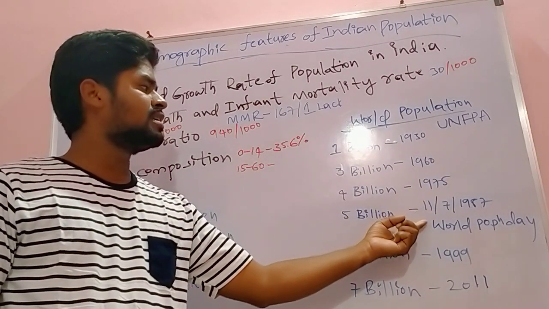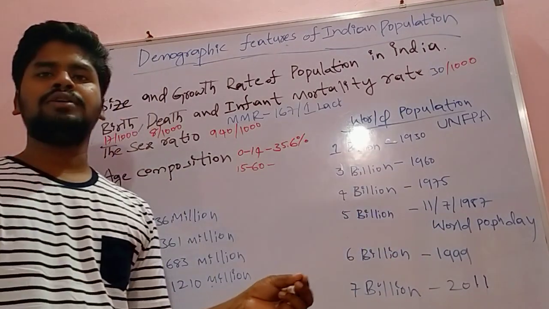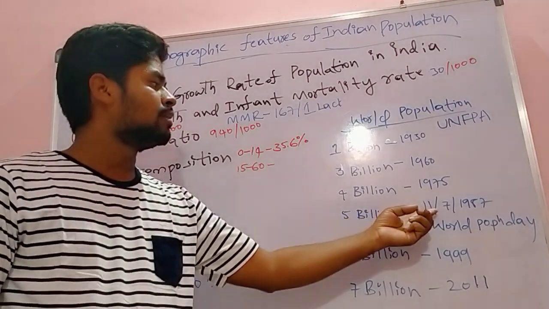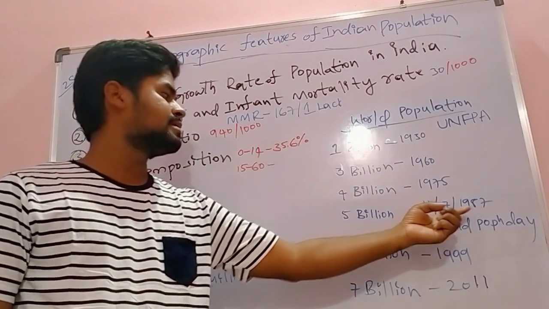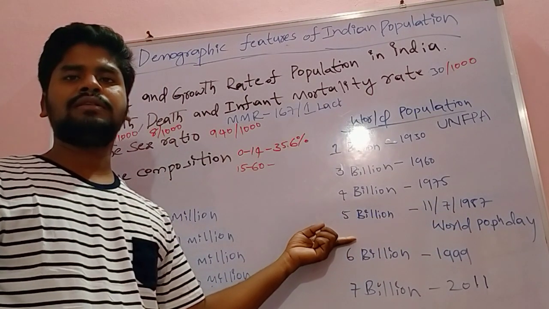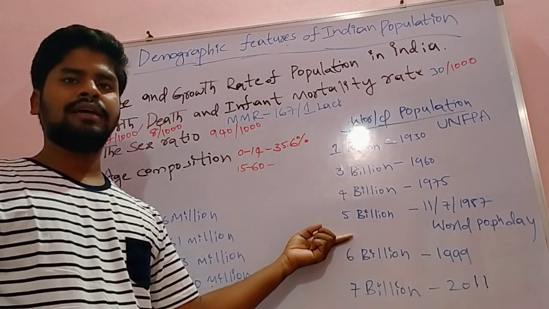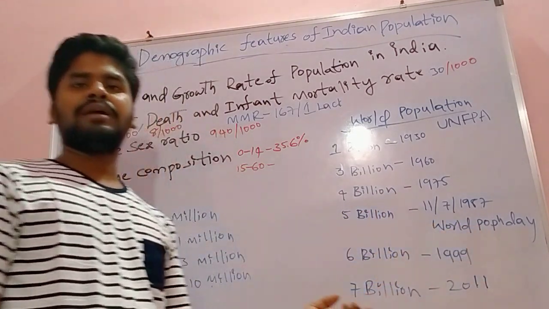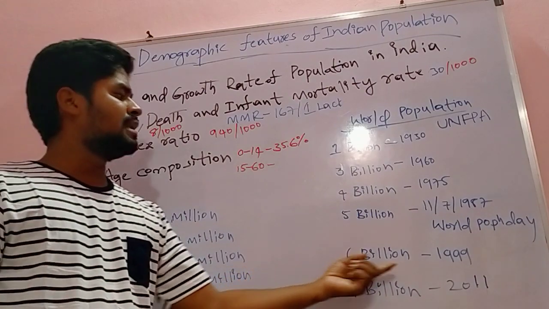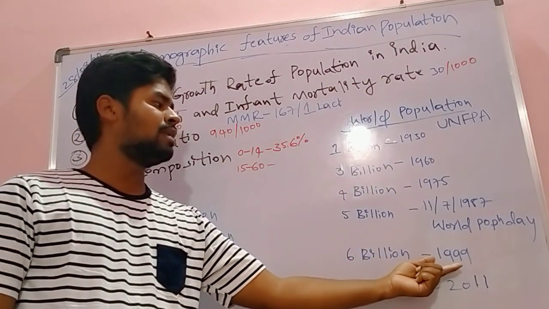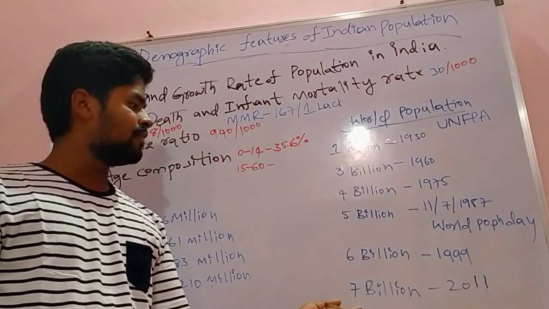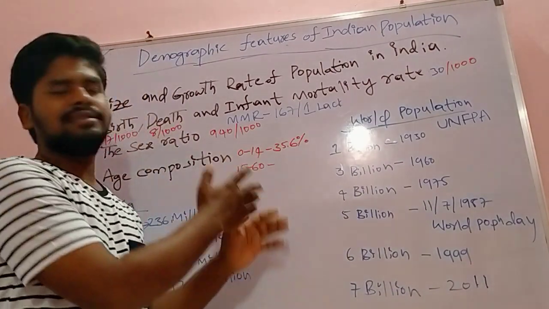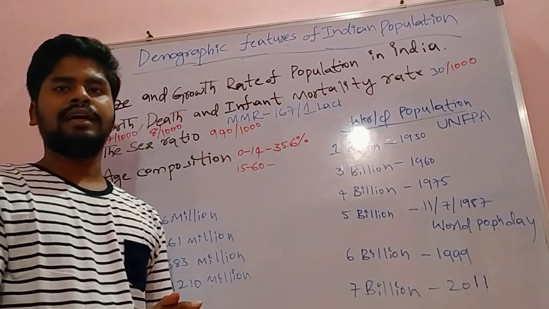By 11th it is the last one child, a country like Yugoslavia, there is a last child on 11th July 1987, 5 billion population the entire world has reached, right? So 11 July is called Population Day, we are celebrating it right now. And 6 billion population in 1999, and 7 billion population in 2011. See, population is increasing continuously, right?